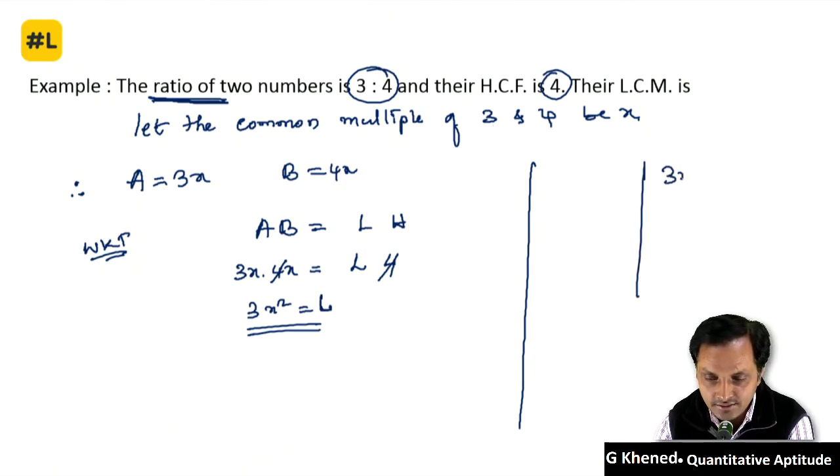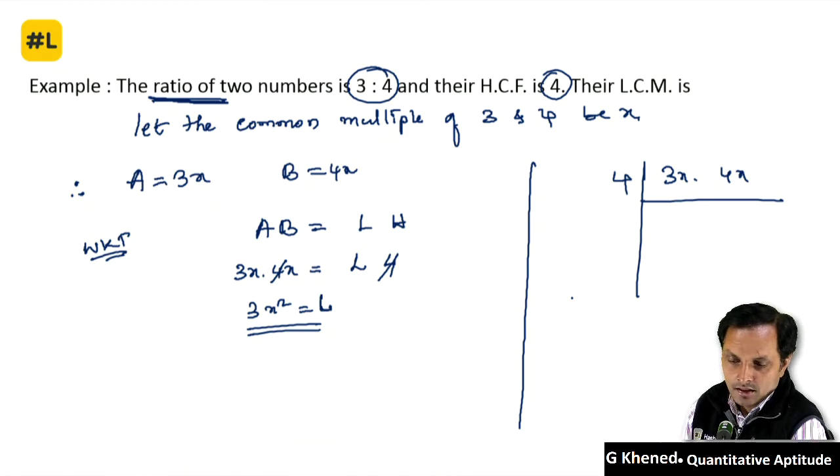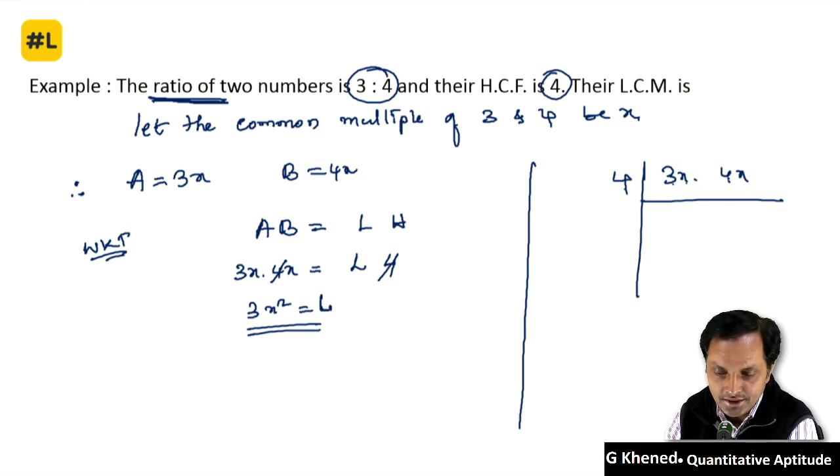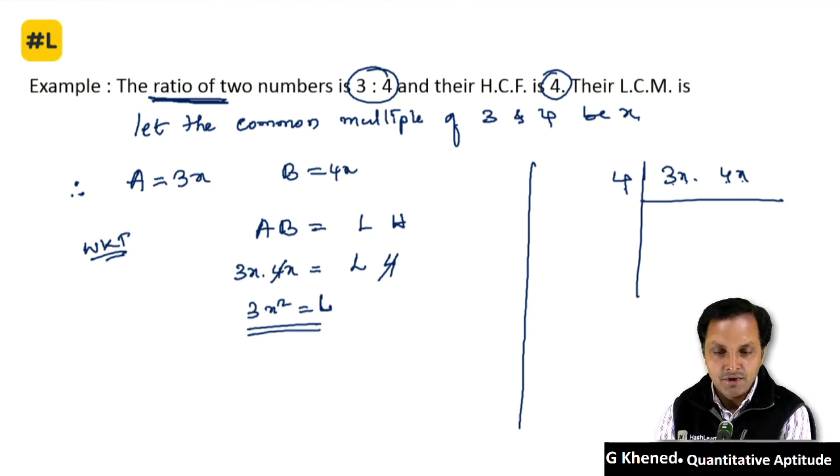If this is 3x and this is 4x, and this has to be divisible by 4, what are the numbers which you can divide? What is the value of x which will give you HCF as 4?